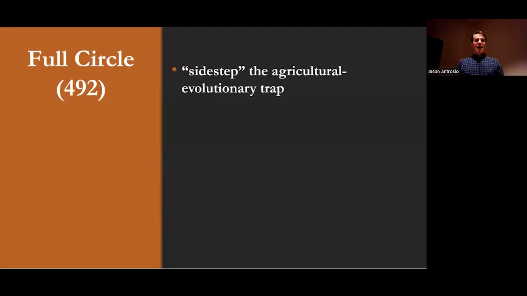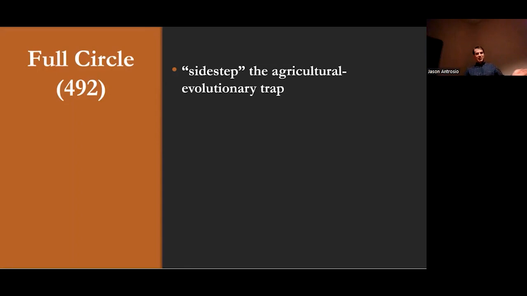They sidestepped the agricultural evolutionary trap. Remember the idea that everything has to go from bands to tribes to chieftains to states, and that corresponds to these stages of evolution, and that corresponds to ever more authoritarian politics.